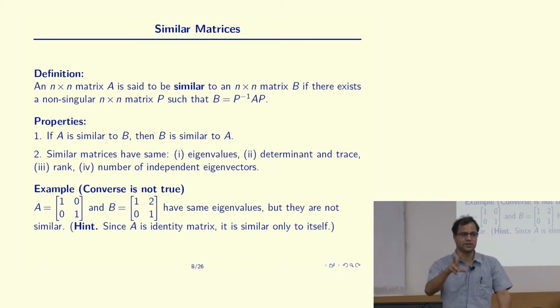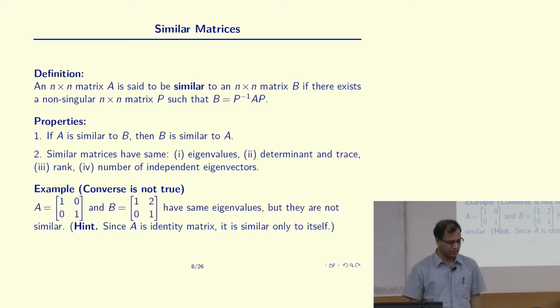So identity matrix is similar only to the identity matrix, but the other matrix B is not the identity matrix, right? So that's why these two are not similar. So the converse is not true, whatever we have said in the properties.